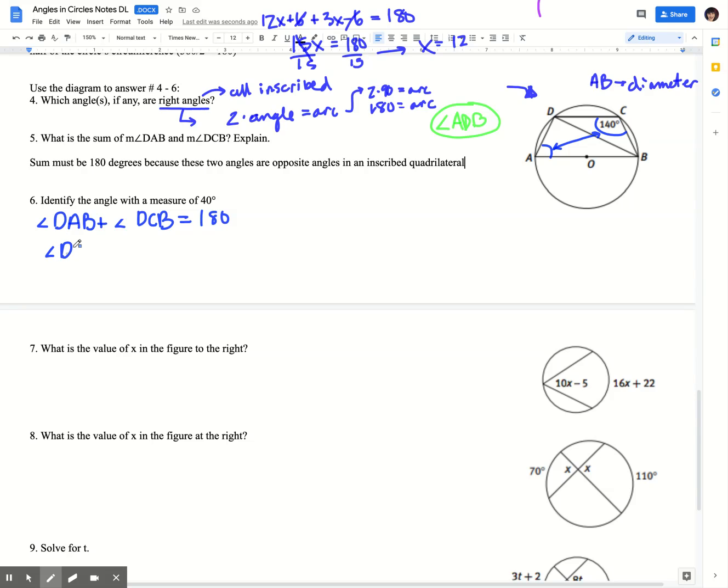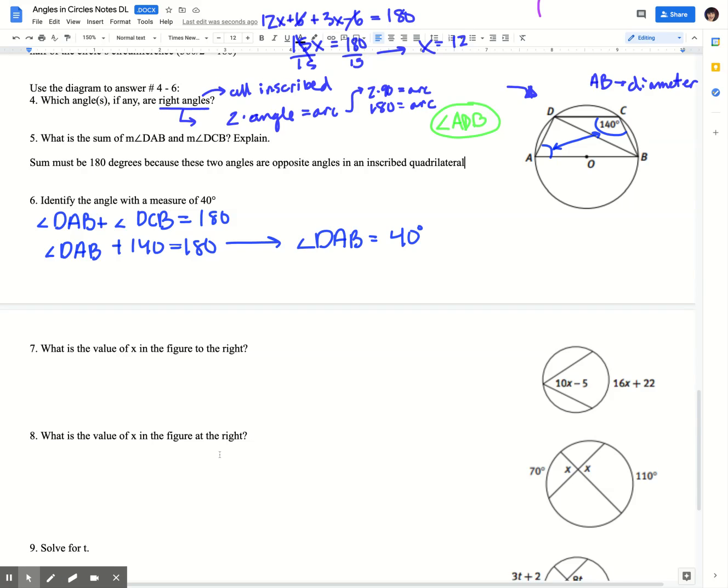So I have angle DAB plus 140 equals 180. So that means that angle DAB equals 40 degrees. All right, so that's it for that question.